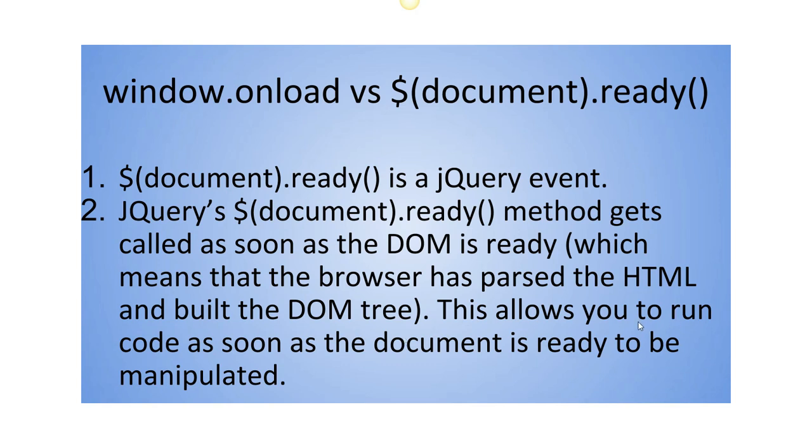This allows you to run code as soon as the document is ready to be manipulated. So when we say the DOM is ready, it means the browser has parsed the HTML and built a DOM tree. Here images are not included because images take some time to load.